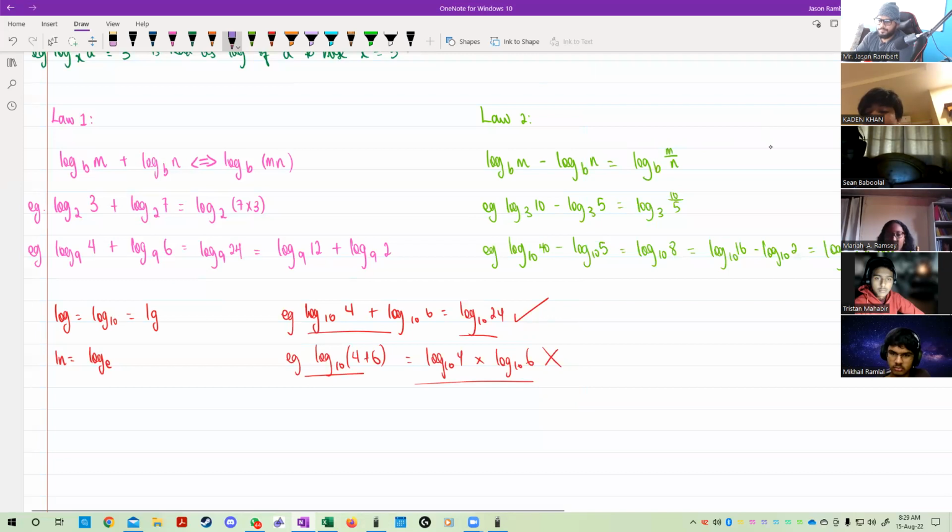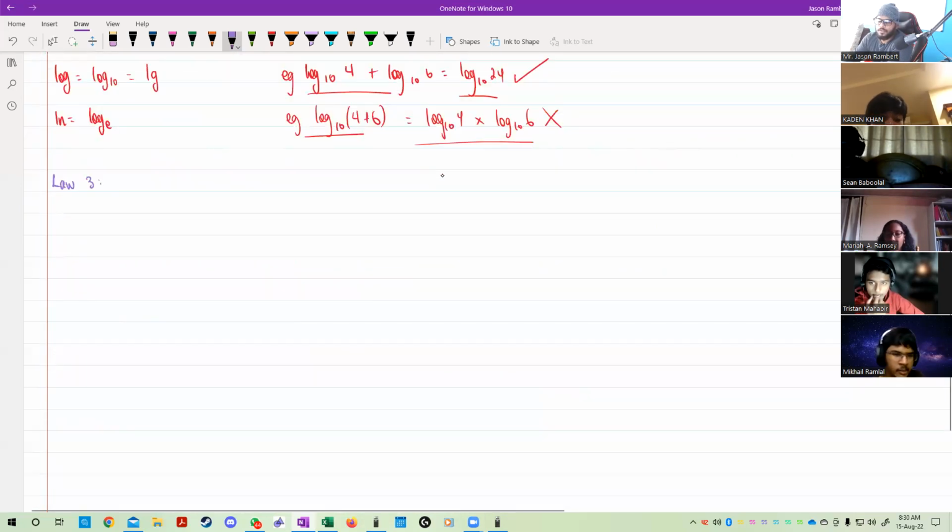Law 3. Everybody good with law 1 and law 2 so far? Law 3 states that if I have log of a number to the same base, this has a value of 1.